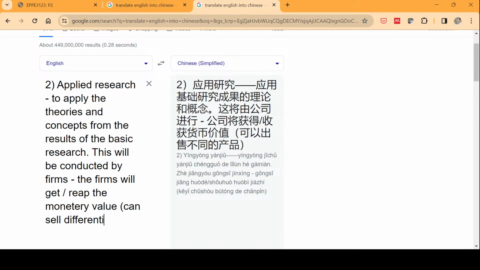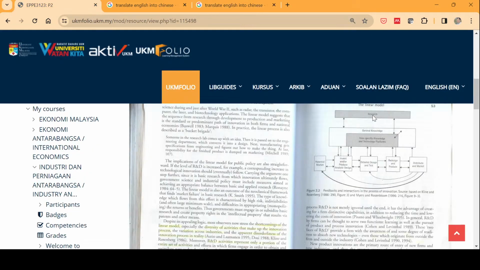So here we have the basic research. This basic research, done by universities and government research institutes, will inform the product. The result from basic research will become public goods, become general knowledge.